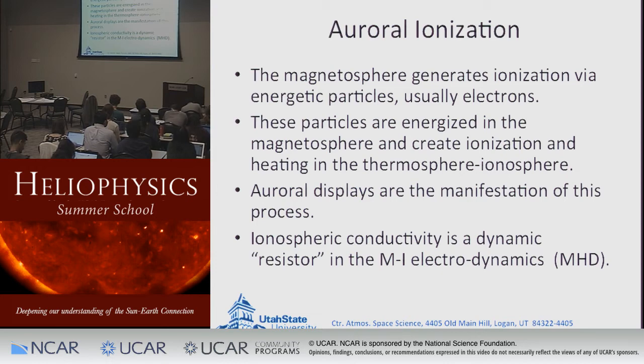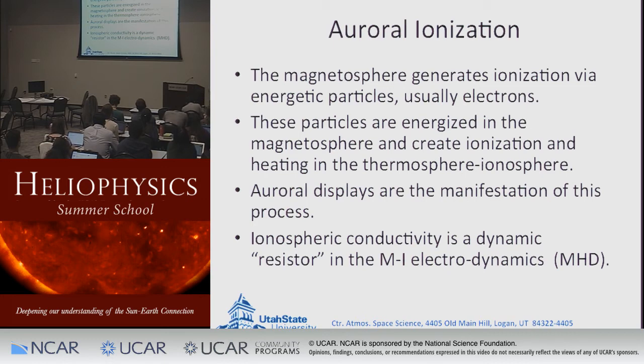There are different types of aurora at more mid-latitudes. We've got SAR arcs, very red, very low energy electrons. But what we're going to talk about are the ones that form the main auroral regions, and the kind of manifestations. These particles are energized in the magnetosphere and create ionization and heating in the thermosphere and ionosphere. So we're back to the same region.